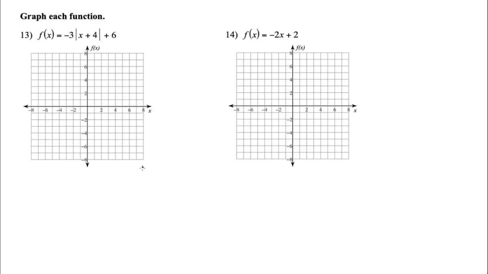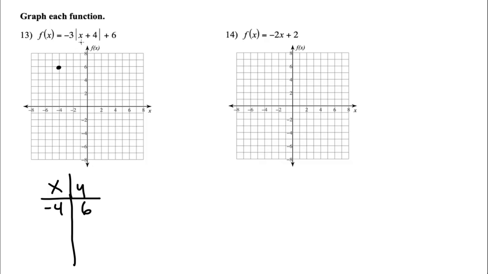To solve these last two, I'm going to make an XY table to be able to graph it. So for this one, if I put in, for example, negative 4, I chose negative 4 because I put in negative 4 here. That makes this piece 0, and then 0 times negative 3 is 0, plus 6 is 6. So I've got negative 4, 6 right here.